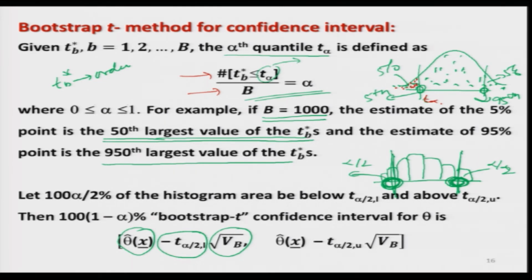So, T alpha by 2 L is going to denote the value on the x axis corresponding to which alpha by 2 percent points are less than T alpha, and similarly I can compute the upper limit, right.